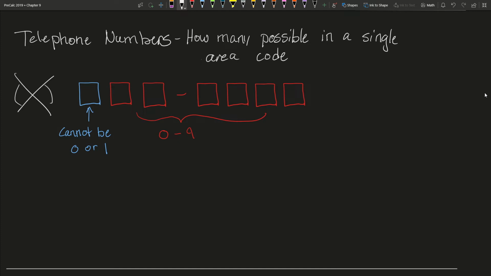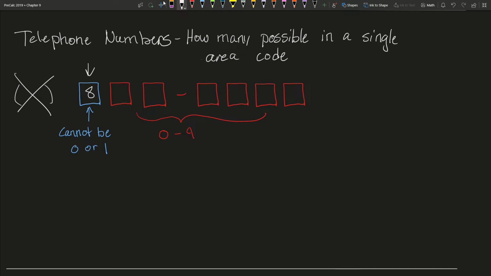We want to find out how many different possible numbers there are within this area code. Each of these boxes is its own event, right? So this first box has 10 possible outcomes, but we're going to delete 0 and 1. So there's really 8 possible different outcomes. Digits from 0 to 9, that's 10: 0, 1, 2, 3, all the way up to 9.